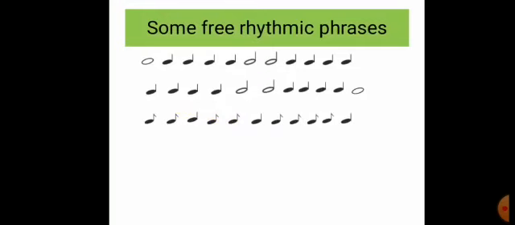Let's see how we can play the first one. If this is my pulse, 1, 2, 3, 4. This is my desired speed. So we are to clap or play the first note which has 4 beats and continue with the other crotchets. Let's see. 1, 2, 3. We start.